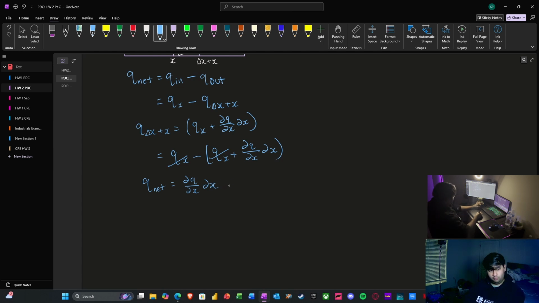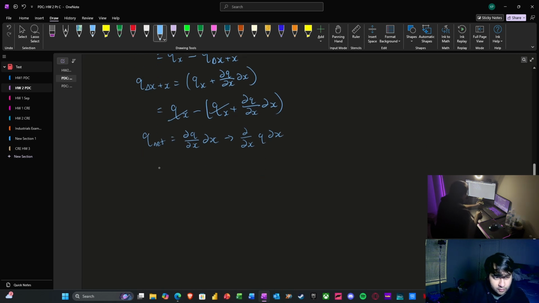And to make the next part easier to understand, we're actually going to take the Q out. This Q represents our heat flow, and we're going to use Fourier's law to define it. So Q is equal to negative k times the change in temperature over the change in location, dT over dx.